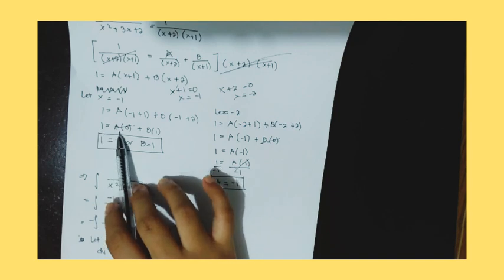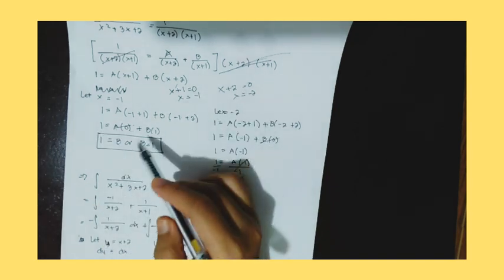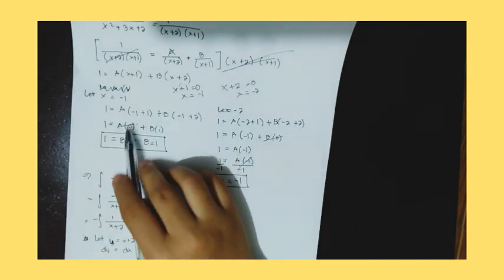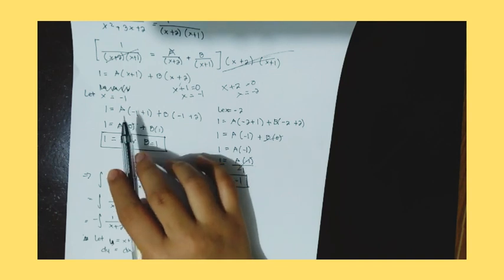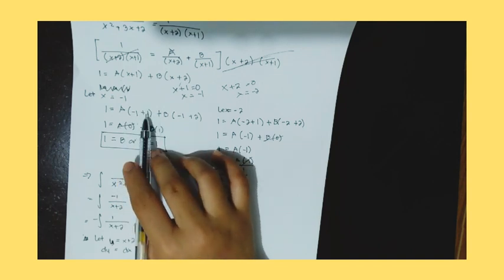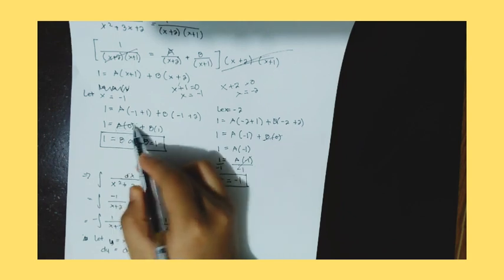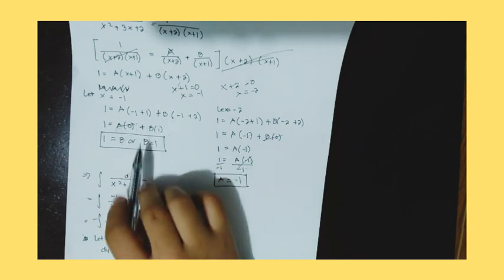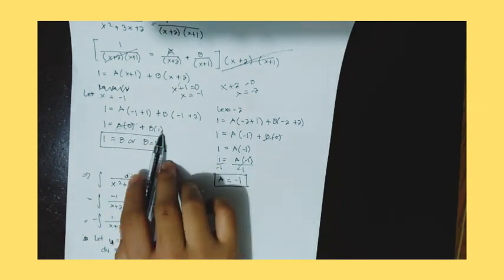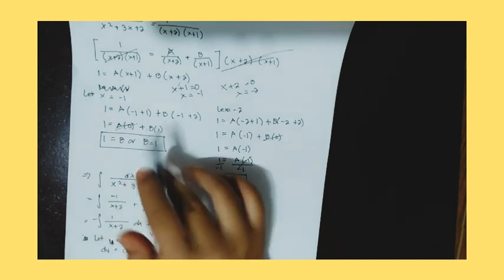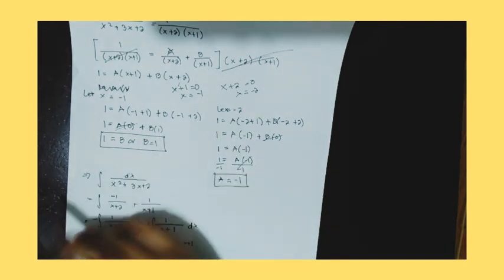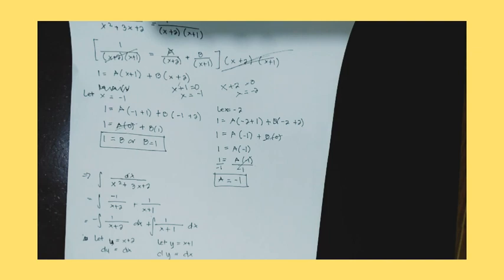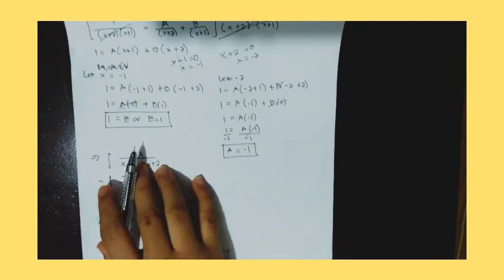Negative 1 plus 1 is equal to 0, so that cancels, and B times positive 1. Then B is equal to 1.